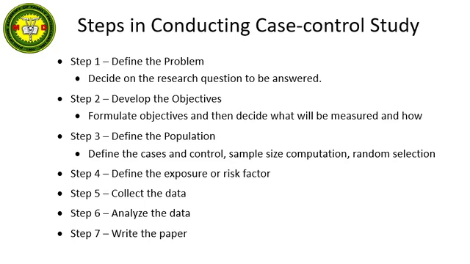And then define the exposure. What will be the risk factor that you will investigate? After defining these things, then collect the data and analyze the data. And finally, once you have analyzed the data, you're now ready to write the paper. So those are the steps in doing a case control study.